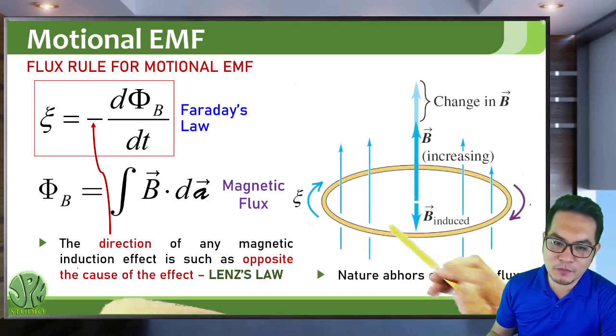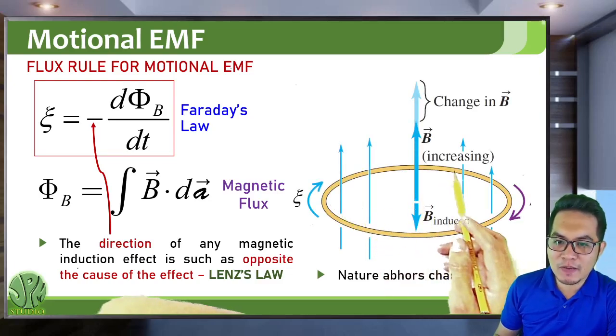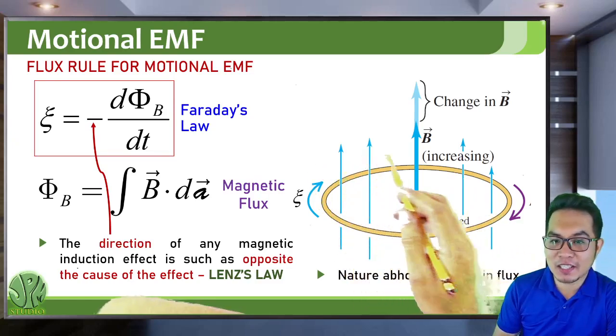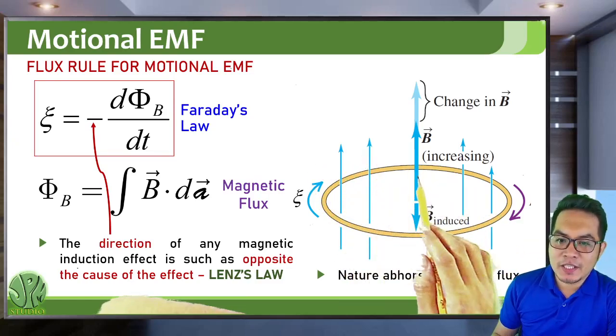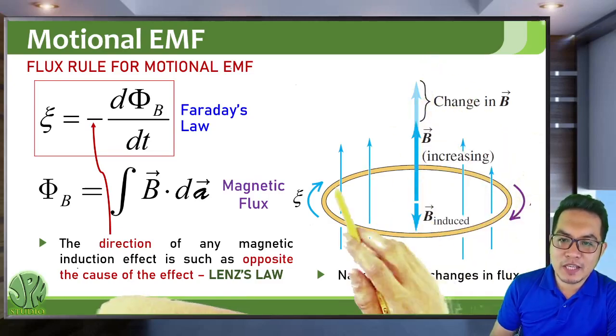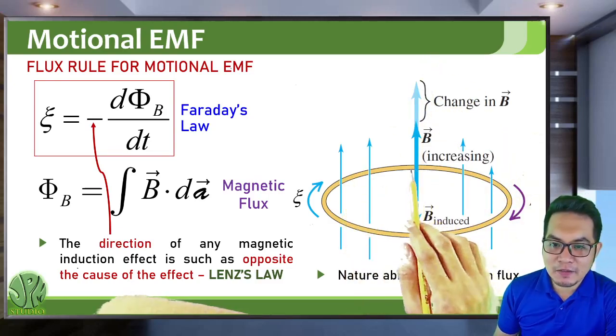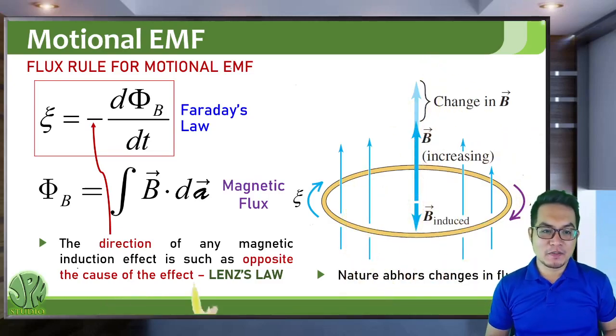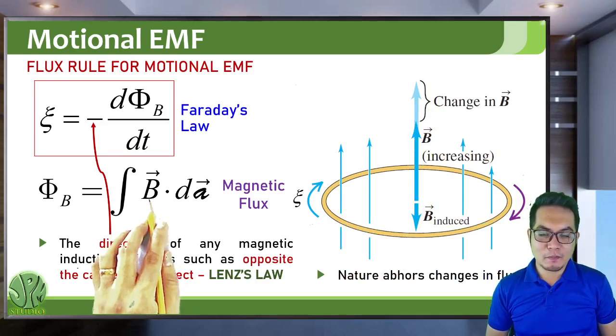For this example, you have a conducting loop exposed to a magnetic field directed upwards, but this magnetic field is increasing. By the way, there are three ways for the flux to change.